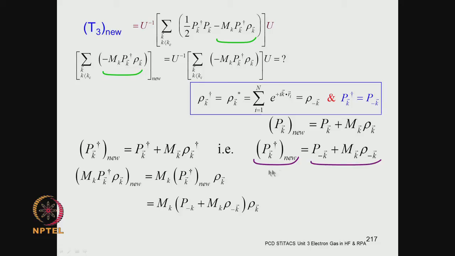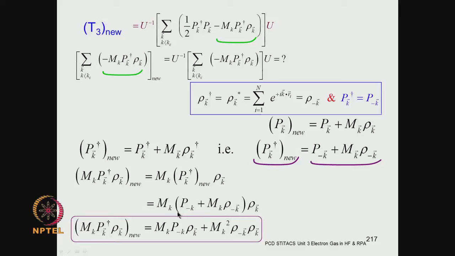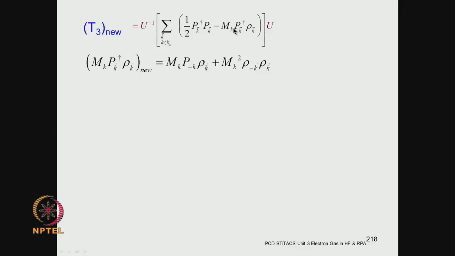P dagger is given by this right hand side, and we put these two terms over here, and now again you get a term which is linear in M and another term which is quadratic in M. So, now we have got the transformation of this term, but remember there is a minus sign over here. So, when we put all the terms together, we will have to plug in the minus sign. So, this is the transformation of the second term here.